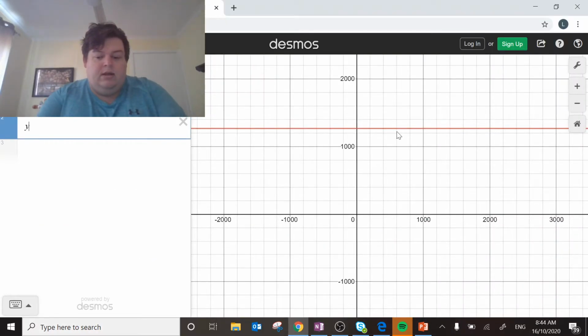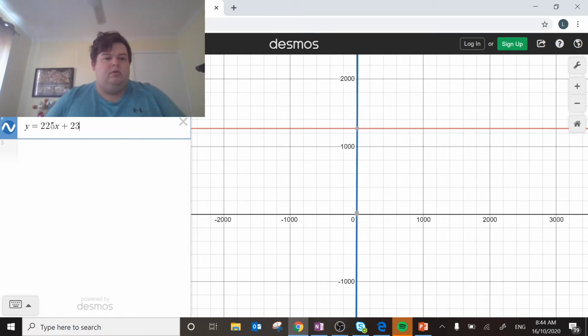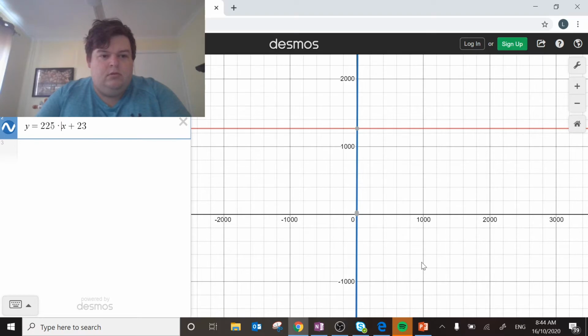So y equals 225x plus 236. It should be a straight line. Maybe it's not a straight line.